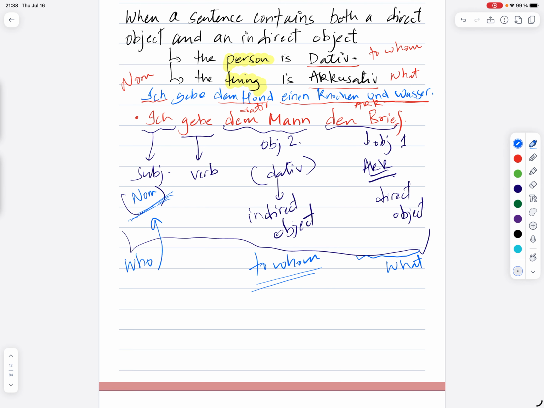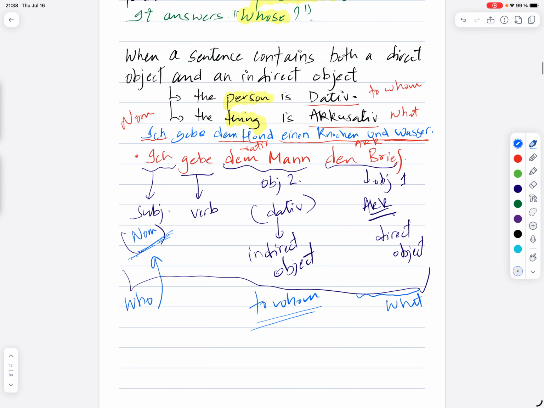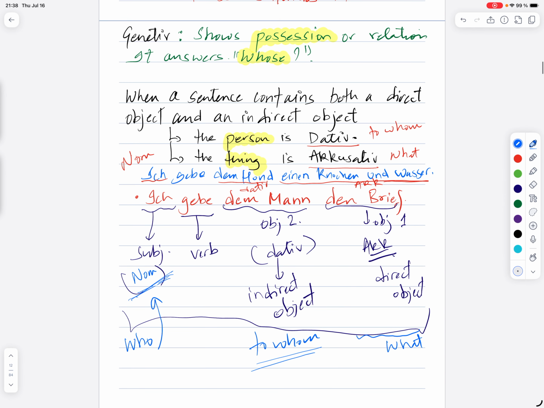And then you can try to answer these questions, and you can find the elements of the sentence. So in the next video, we will see in a more complicated way how these cases affect the sentence, and how different kinds of articles associated with the object get affected because of this.